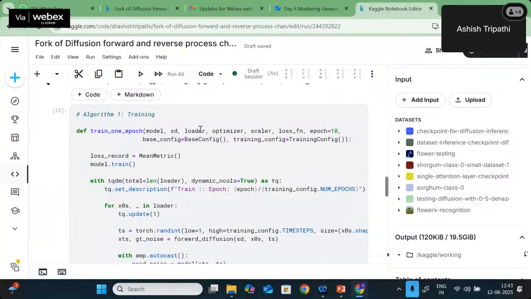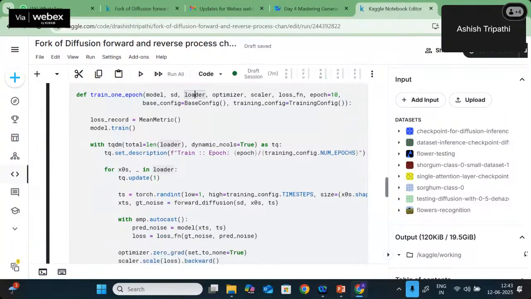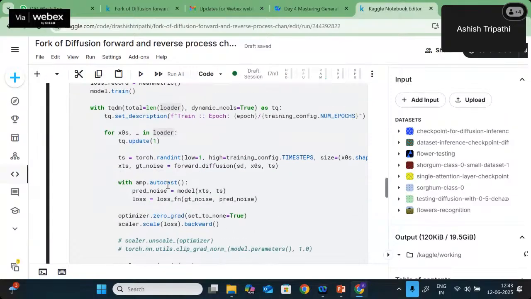Now training one epoch. In each training step, this is the predicted noise and this is the loss. Loss is nothing but the difference between the original noise and the predicted noise. The get noise function is getting the value of noise from the forward diffusion process.